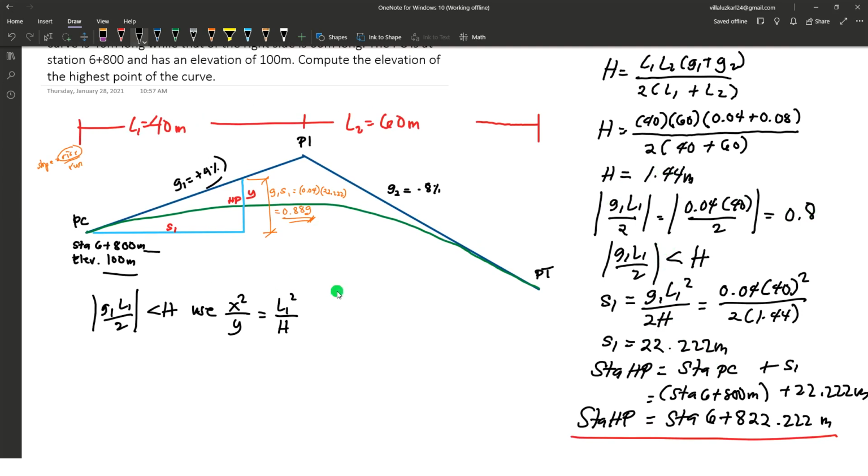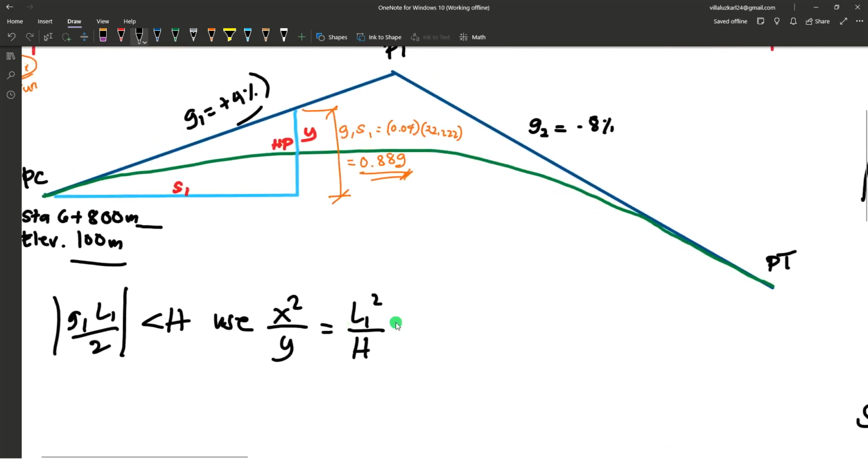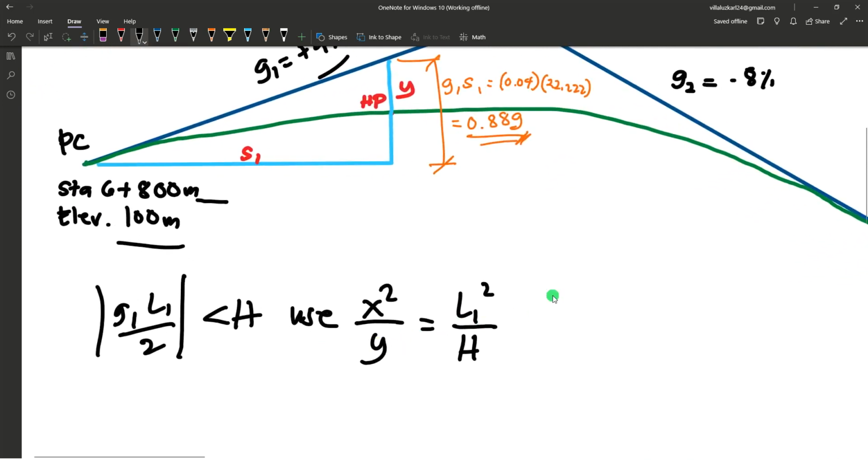So going back to the formula it showed earlier, this solution is applicable in determining y.